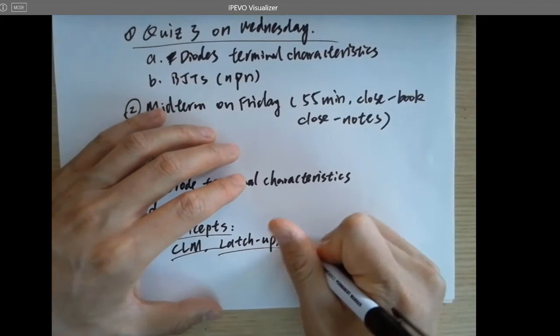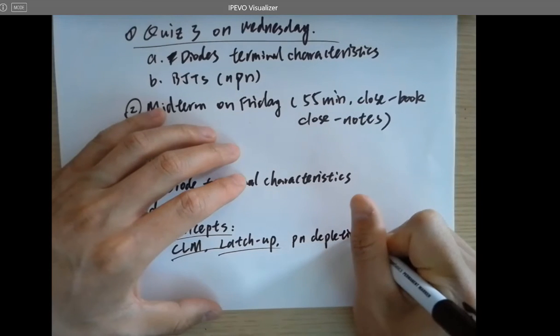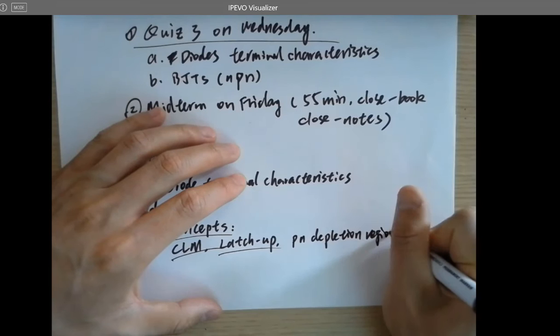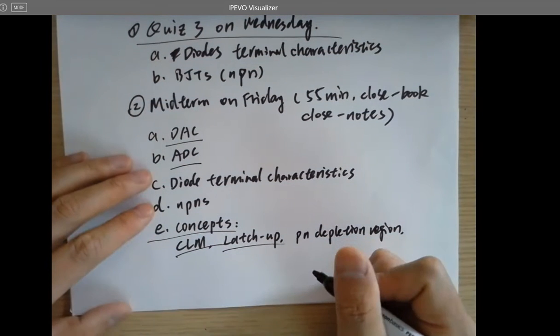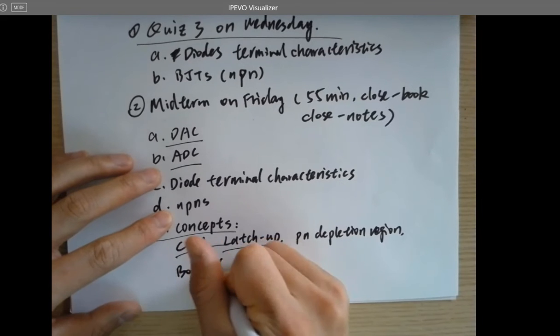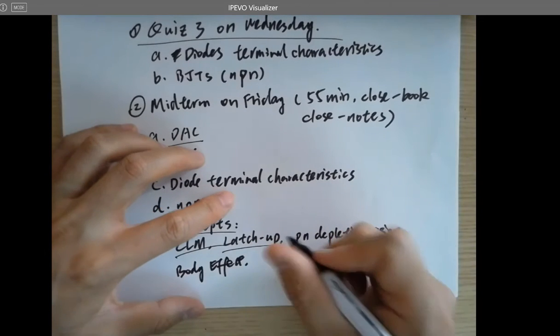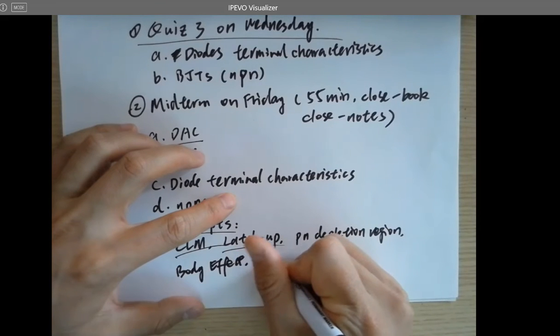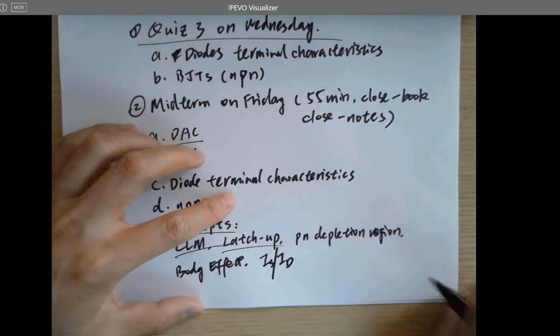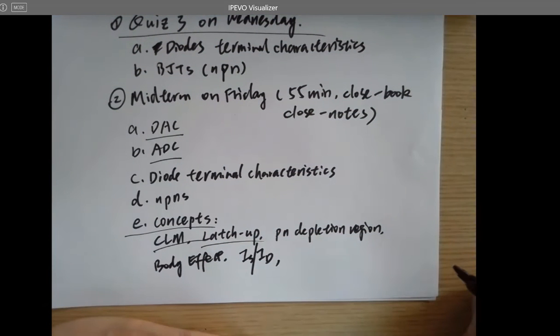And PN junction depletion region. Body effect. And IS, ID, and which one is larger, which one is smaller, and the reverse bias or forward bias.